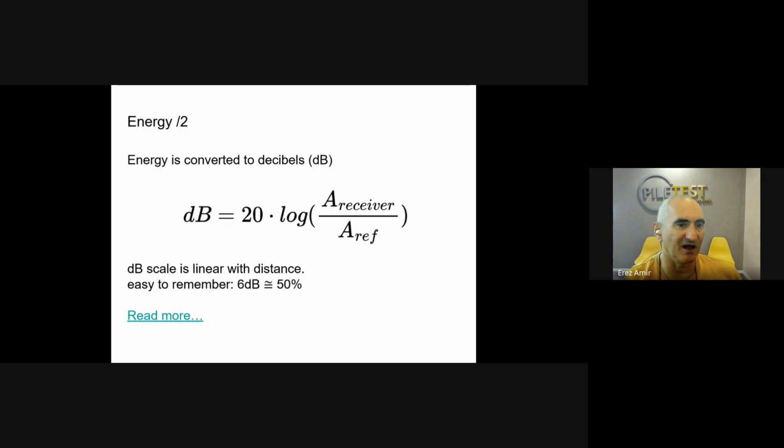And another nice thing about decibels is that if we take 20 log of half, 0.5, we will get approximately 6. So it's very easy to remember that 6 decibels is about a 50% reduction. If we have 12 decibels, that's 6 plus 6, that's 50% of 50%. That's a 75% reduction, and so on. When you get the presentation offline, you can read more about it. It's a very convenient way to work.